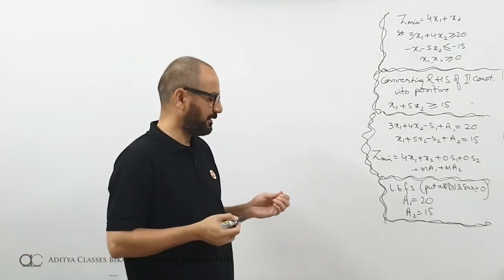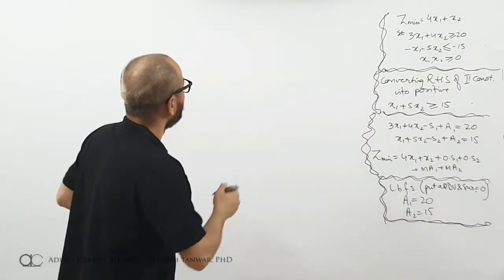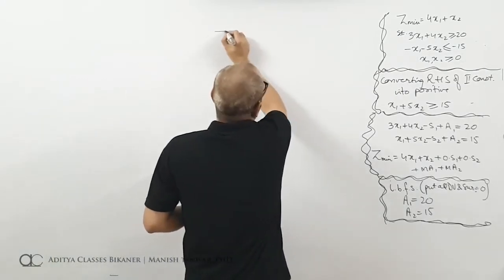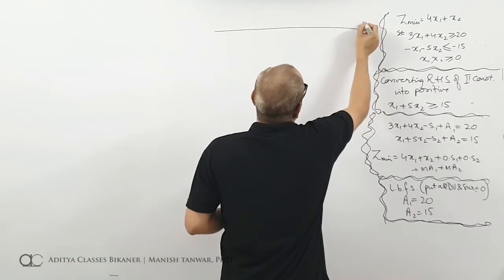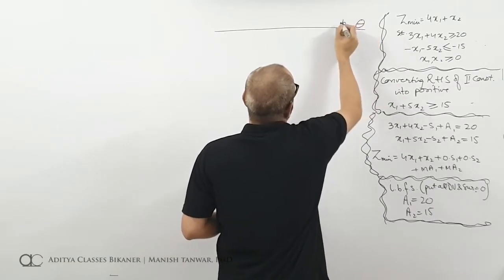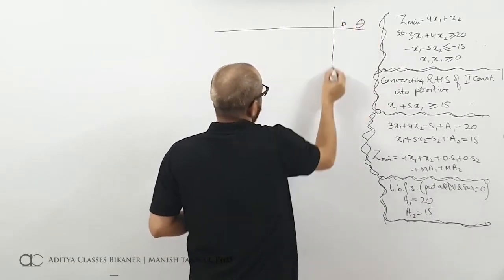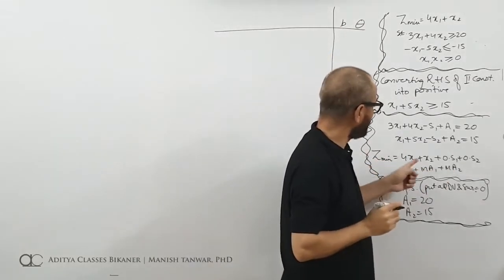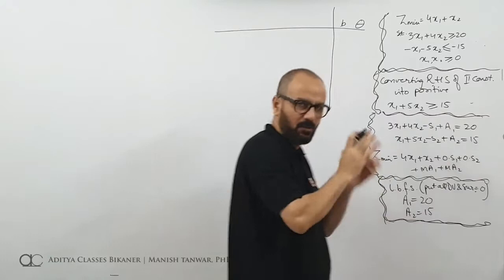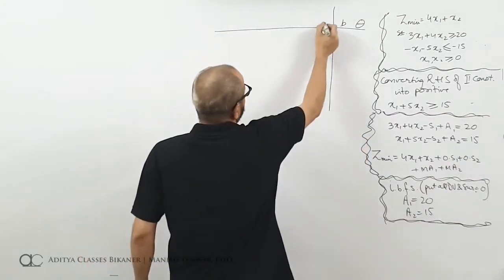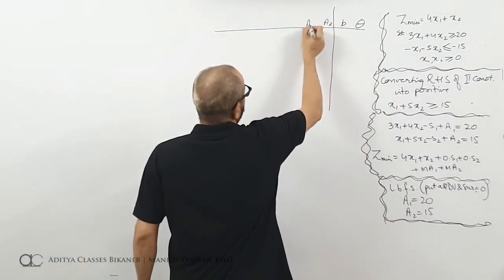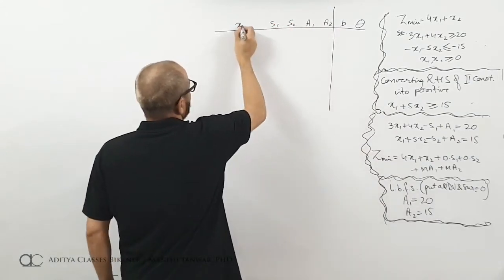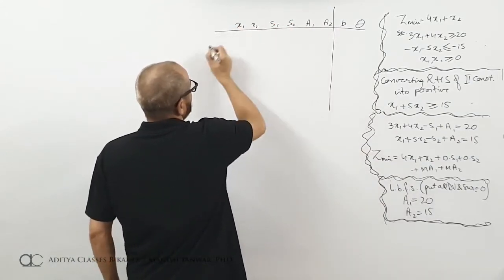Now let us form our initial simplex table. Our initial simplex table would have theta, b, then x1, x2, s1, s2, a1, a2, all variables coming over here.